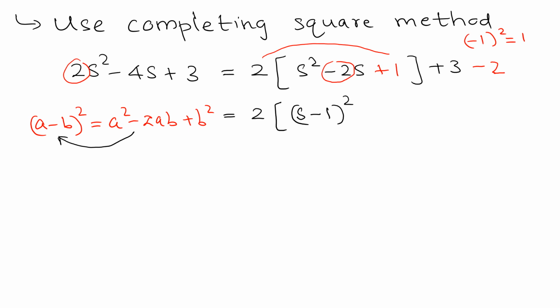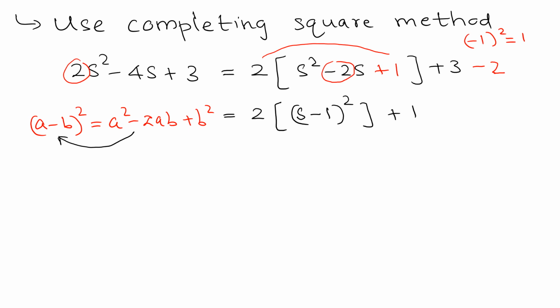It's always the case when you do it like that. So s minus 1 squared, and then we have outside only 1. So that is the complete factorization of the denominator.